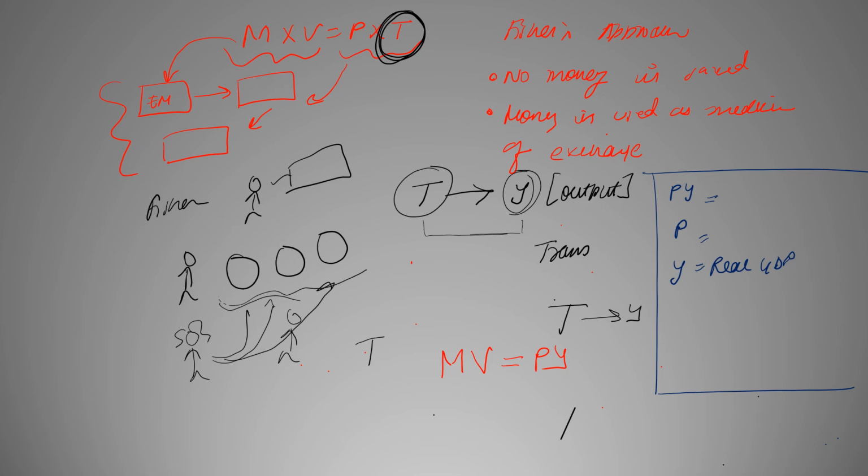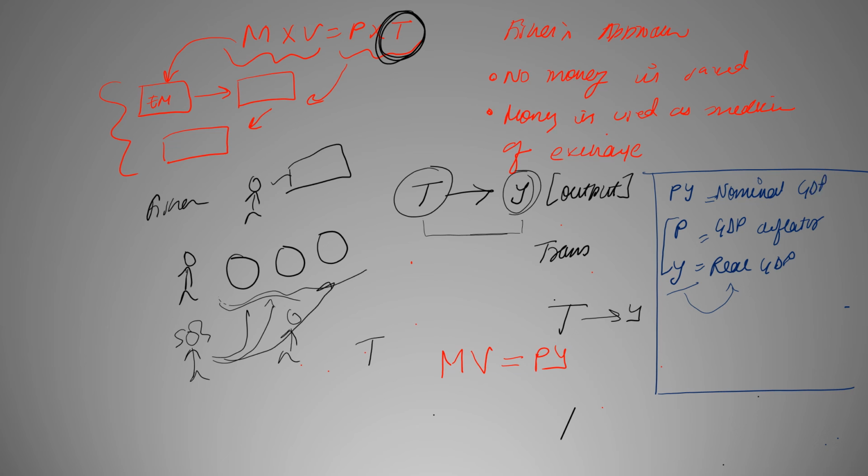Now by GDP I mean the number of goods and services produced in a country in a given period of time. So yes, Y was output and hence it denotes the real GDP. Now P, which is the price level, is the GDP deflator, right? And PY, which is the multiplication or product of P and Y, denotes the nominal GDP.